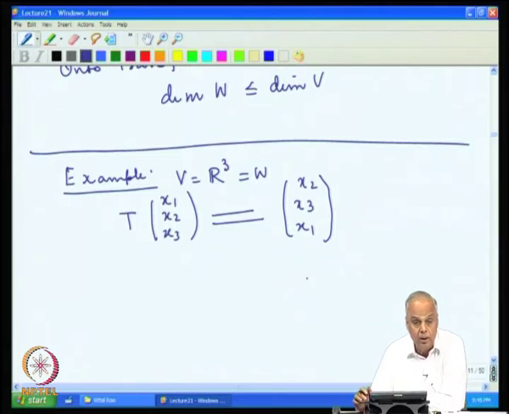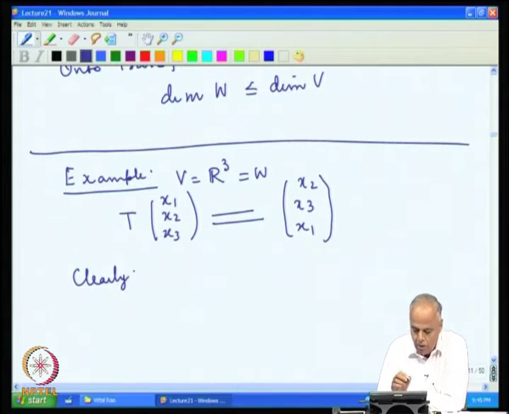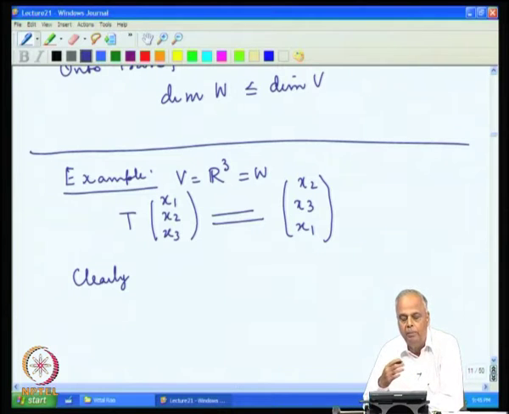We had this already as a 1-1 transformation, and let us check whether this is an onto transformation. To check an onto transformation, we want to see whether every vector in W can be written in the form T of some x in V.